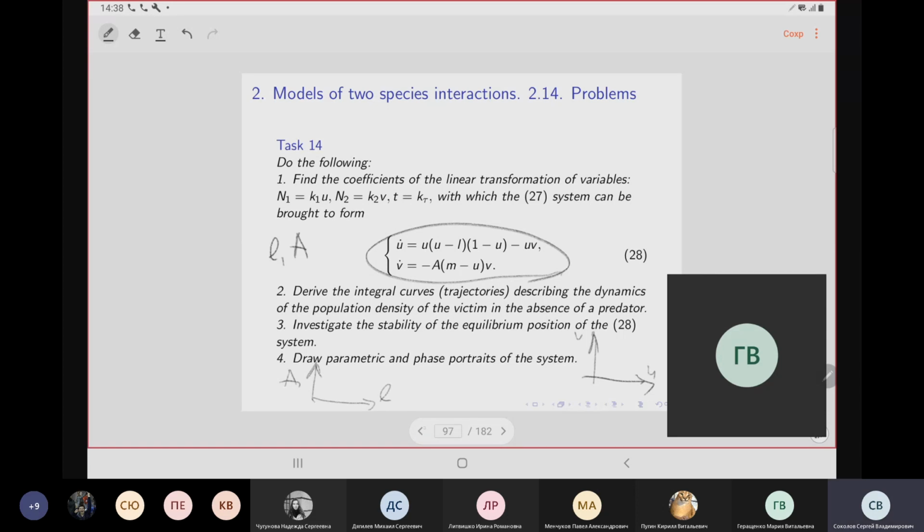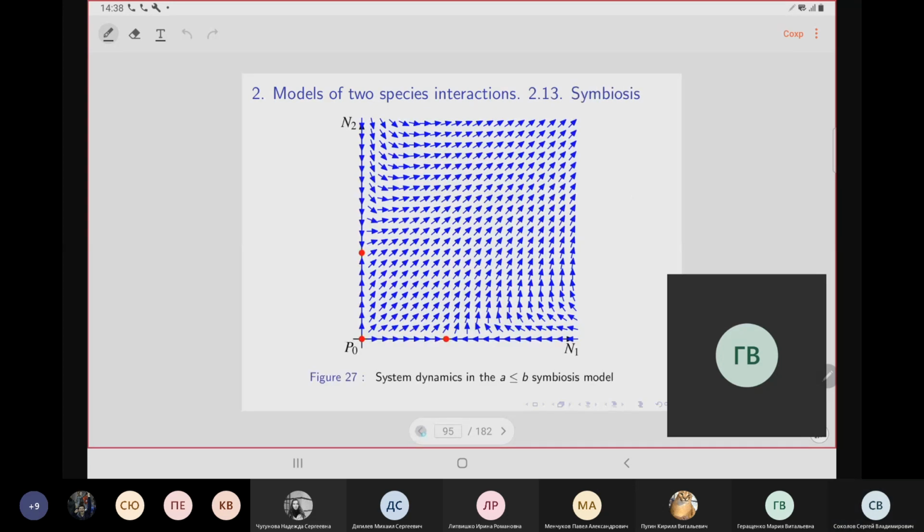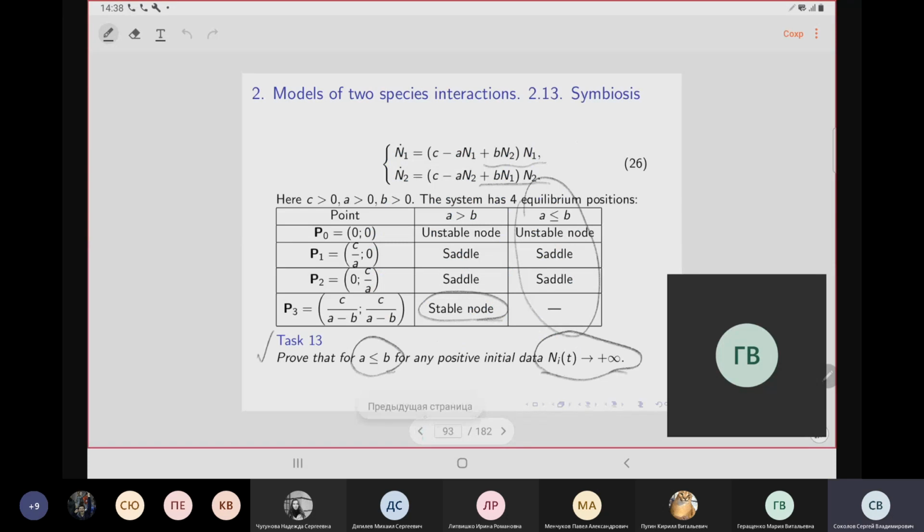What is a parametric portrait of our system? Let us come back, for example, to this model. The dynamics of the system depends on A minus B. So we have only a one-dimensional picture. At this model, A minus B, 0.